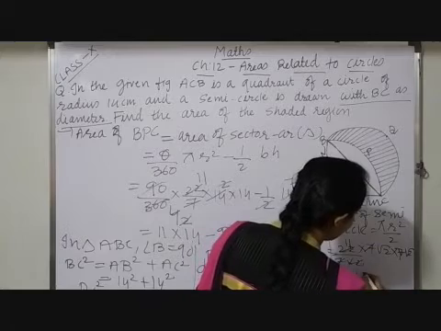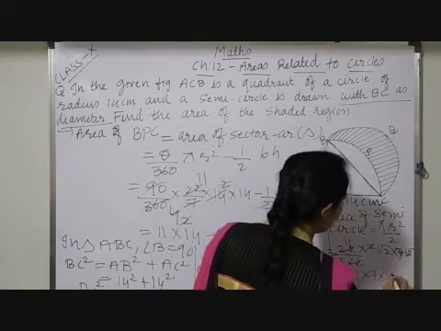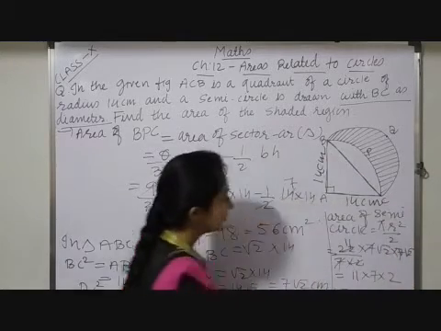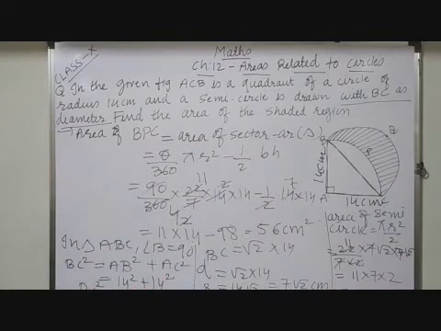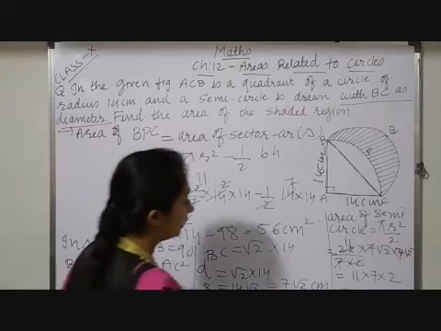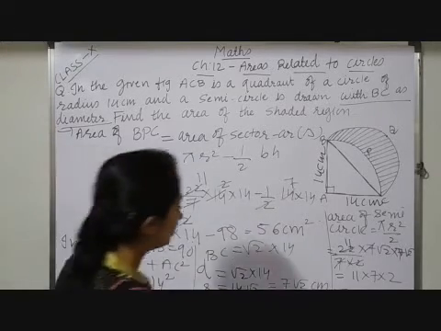Now 11 into 7 into root 2 into root 2, that is 2. So 7 twos are 14, 14 into 11, here you will get the answer, that is 154 centimeter square.